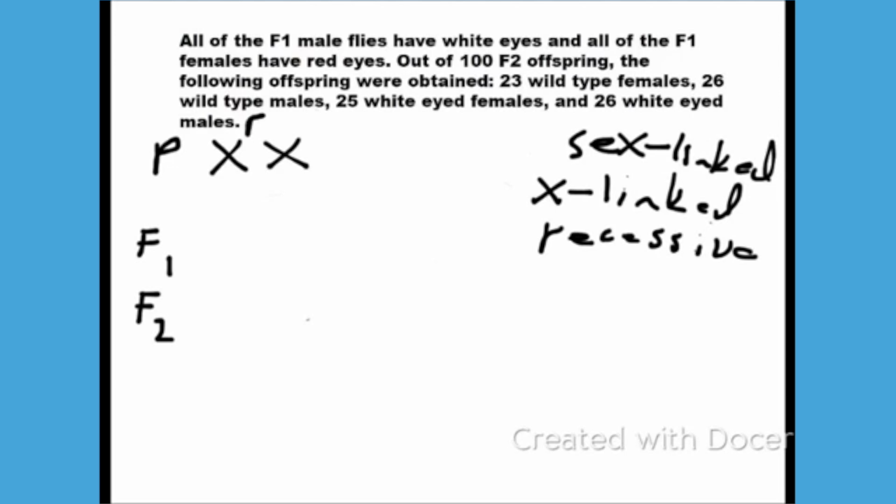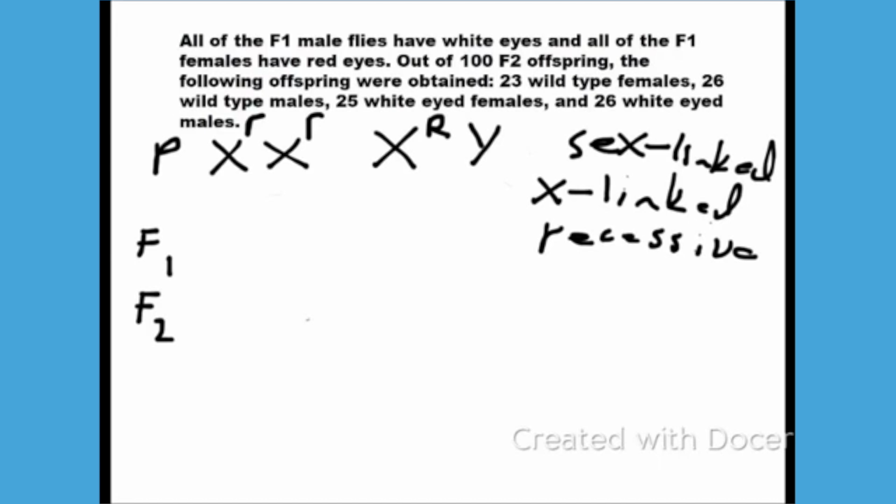We're going to show that as a superscript, a little r, because it's recessive. Our P generation male is XY. We're going to show his big R because he was dominant for red eyes. We don't put anything on the Y chromosome in terms of a superscript because it's an X-linked trait.